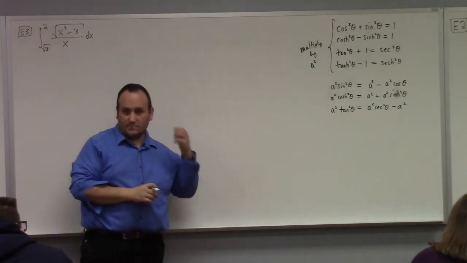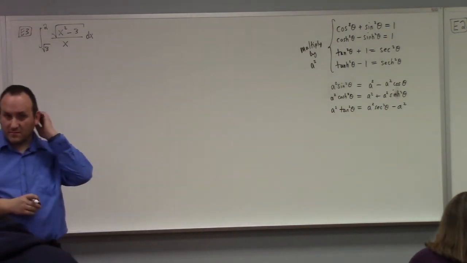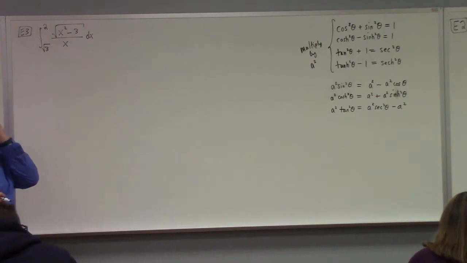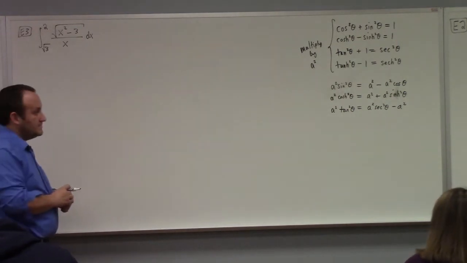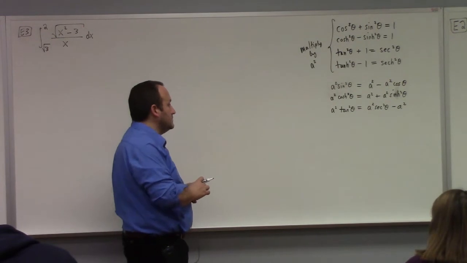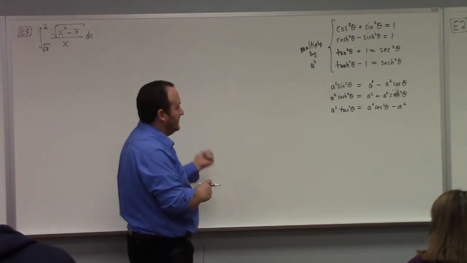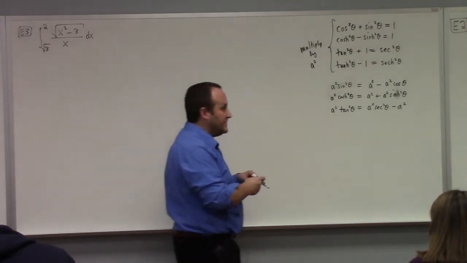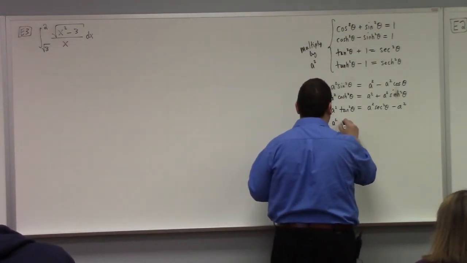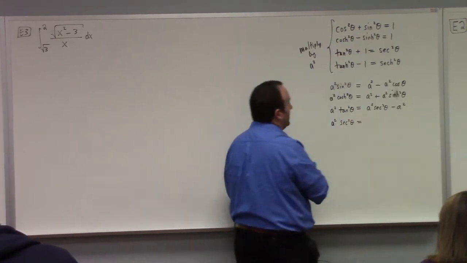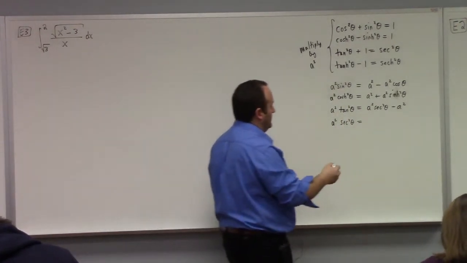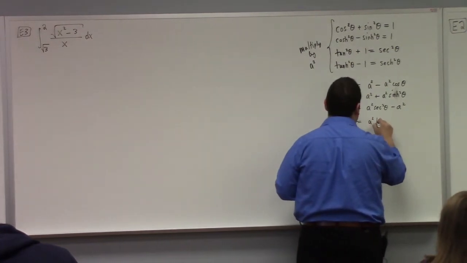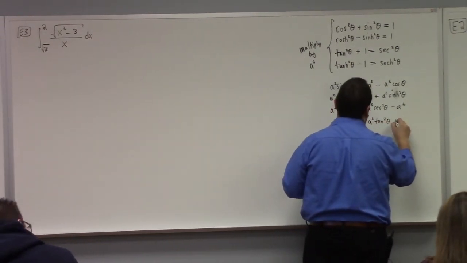Are there any other little identities we could derive relating a square to a sum or a difference of squares that might be convenient for us? I guess I've solved for sine squared, cosine squared, tangent squared. I could solve for secant squared, right? A squared secant squared theta, what would that be equal to? Just a squared tangent squared theta plus a squared.